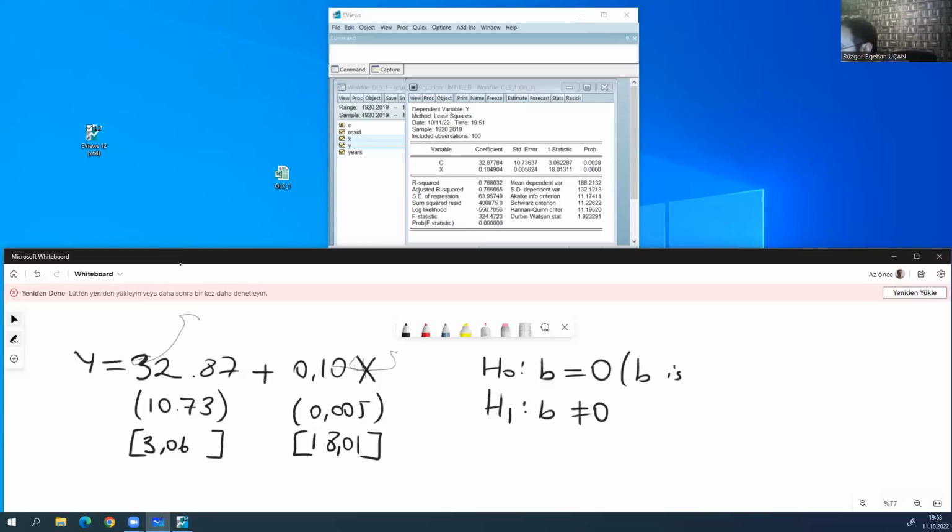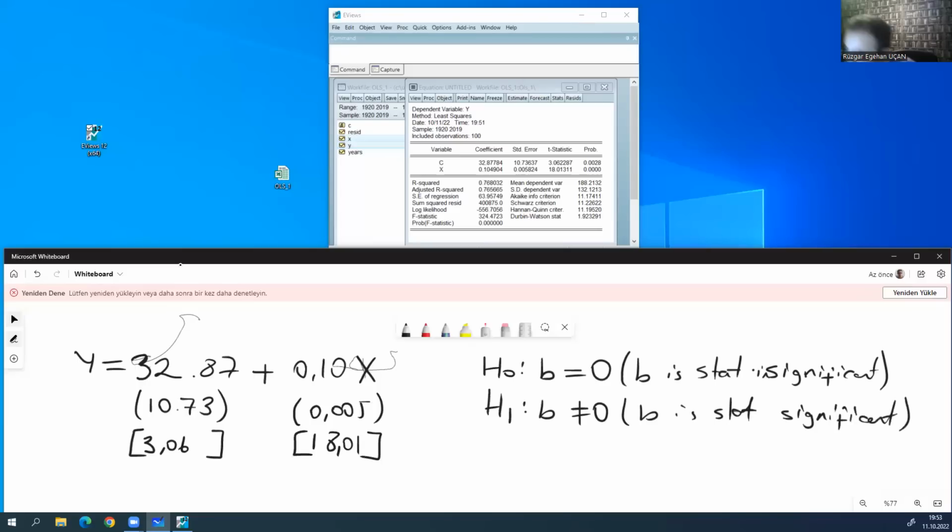This means b is statistically significant.